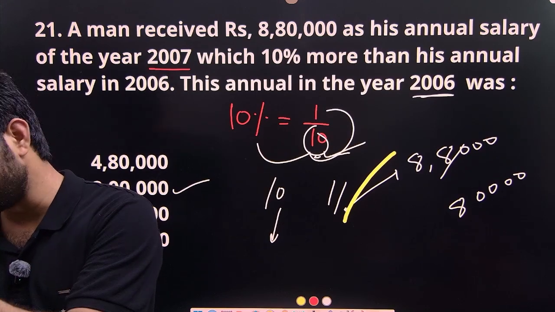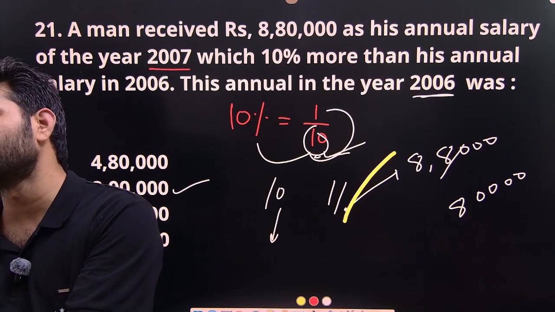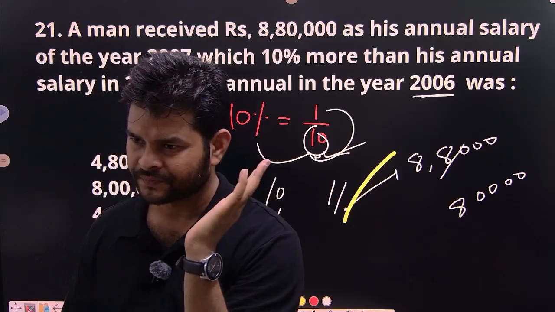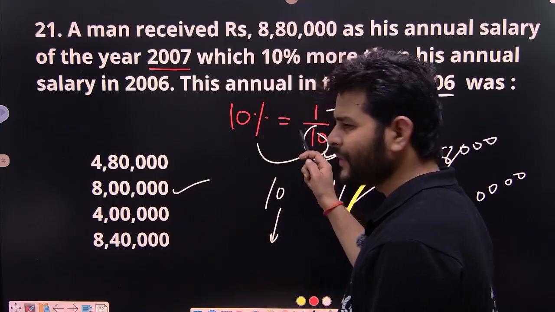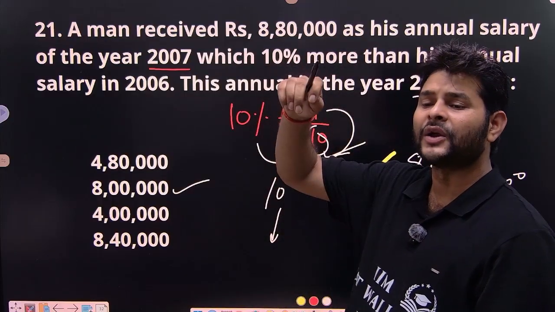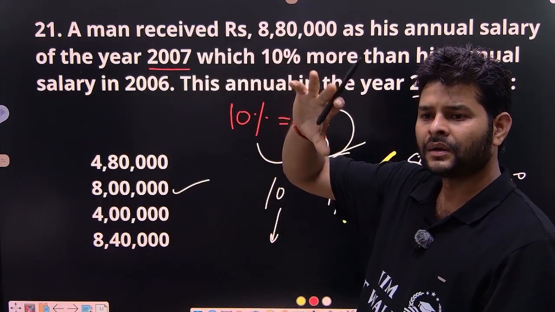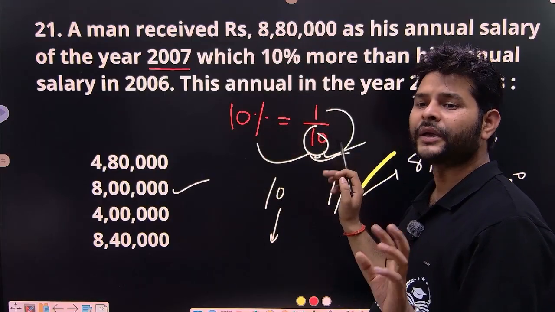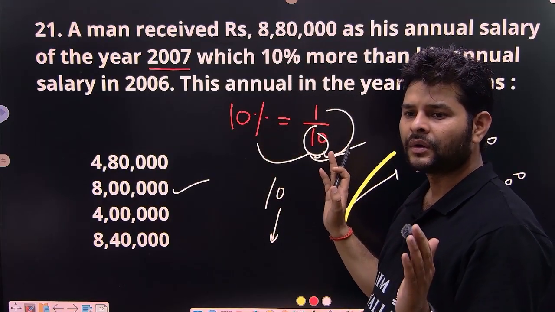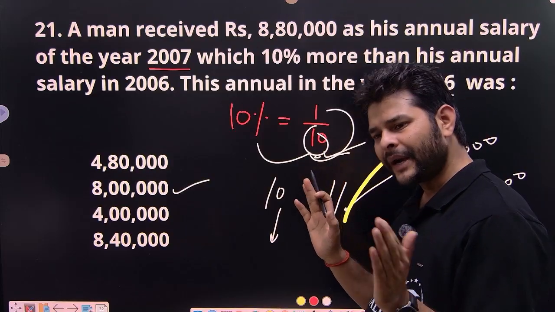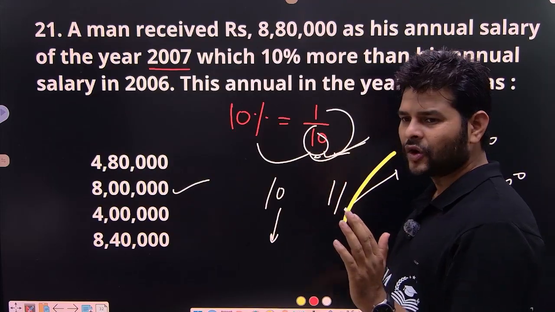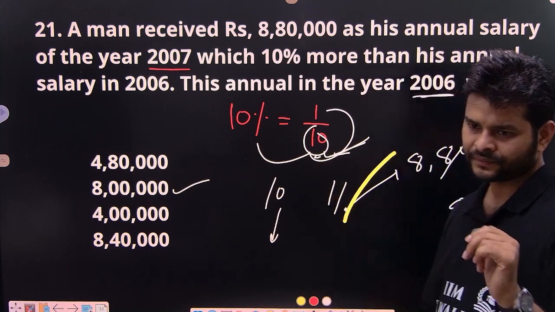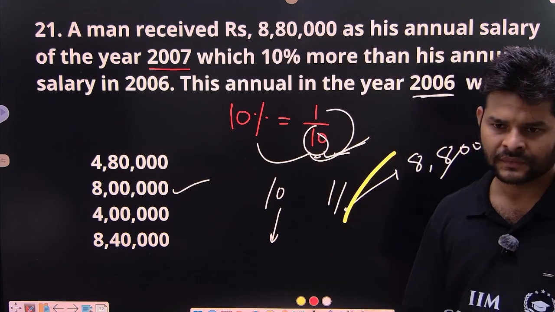The value written in the denominator represents the comparative value, or the original one. Aren't you getting it?